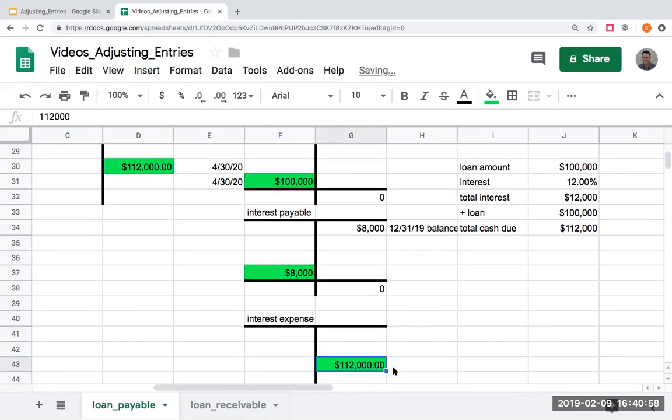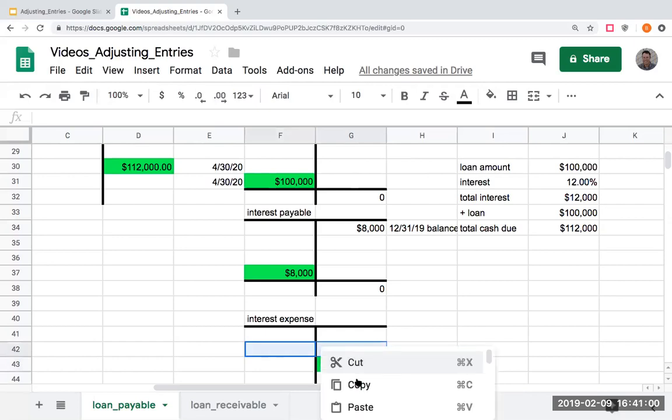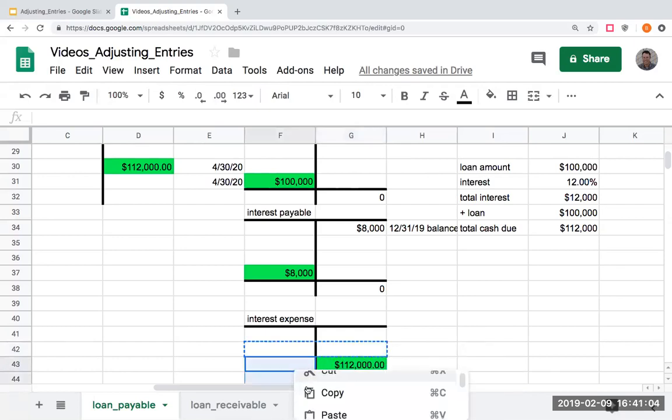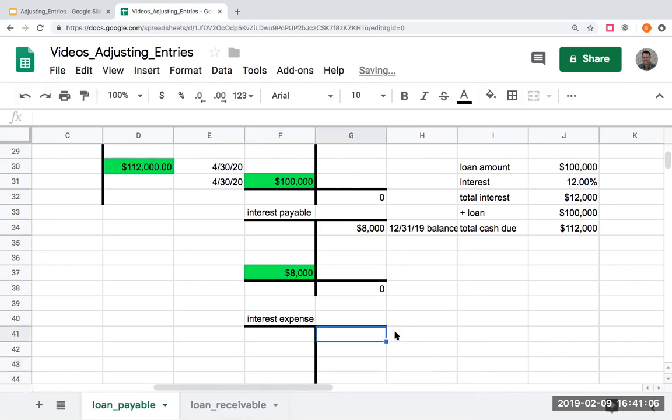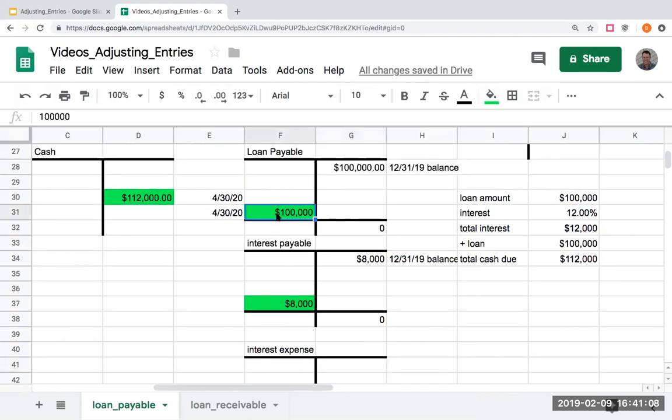And if you think about it, when we're looking at 2020, did I have the benefit of this $100,000 for a period of time? And the answer is yes. I had the benefit of that money from January 1st through April 30th. So the other debit I'm going to have is a debit to interest expense.